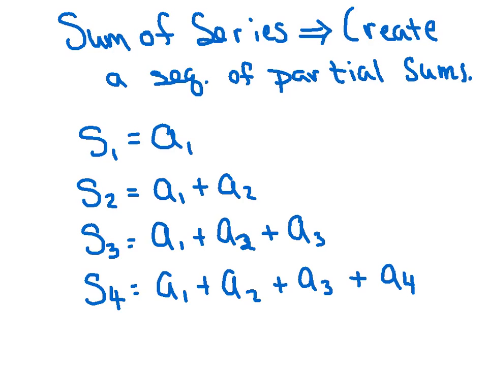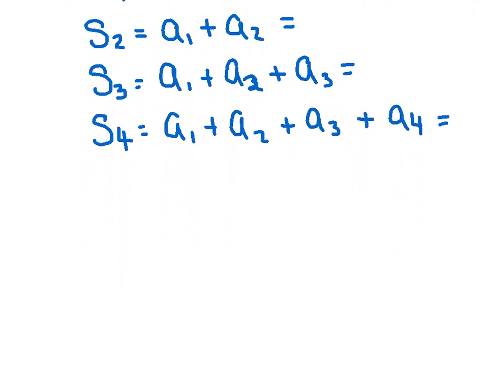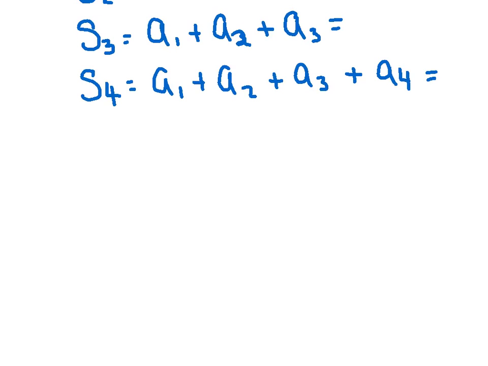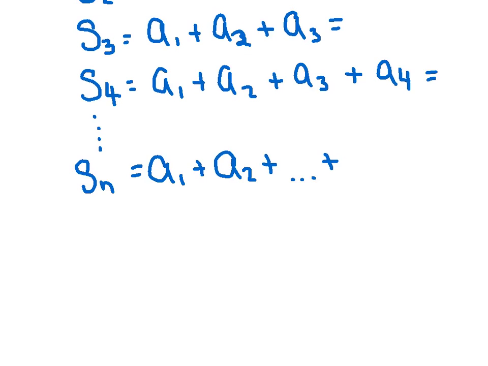At this point, if it's a fairly friendly series, you may start to get a glimpse just by looking at this pattern. You look at what each of these equaled, and you may start to see that the sums seem to approach a certain number. Of course, we could be real aggressive here and take this on until we get to S sub n, which would be the sum of the first n terms.